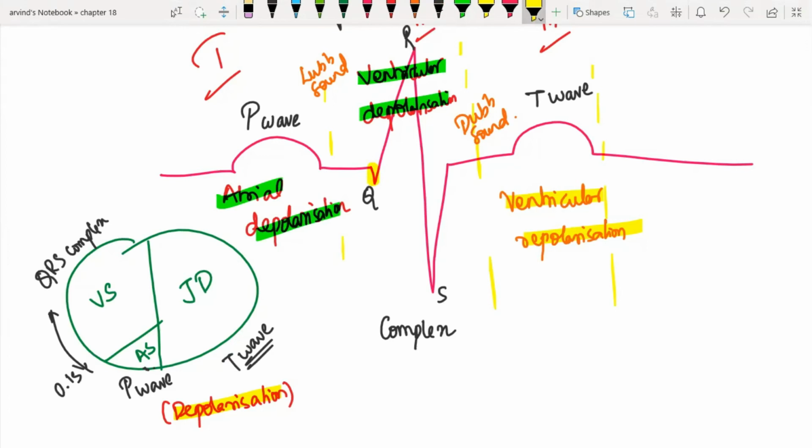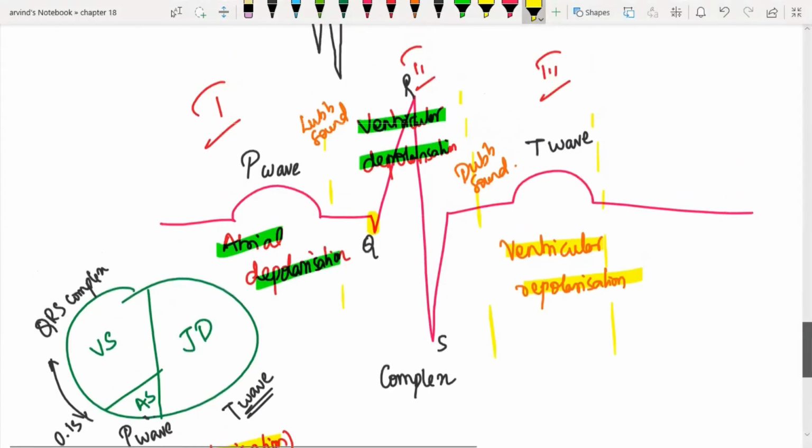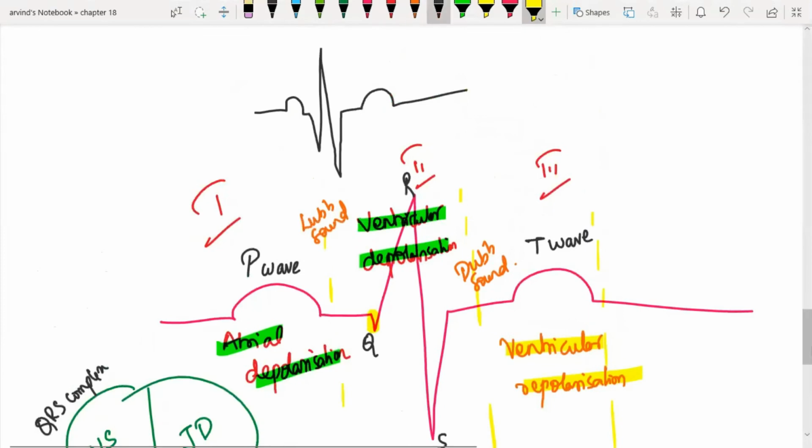So if you take the PR interval, just try to understand this. P is atrial depolarization, or atrial systole, and then QRS. Since I have said Q is negligible, I can just assume that R is going to coincide with Q. So R is going to mark the beginning of ventricular systole.